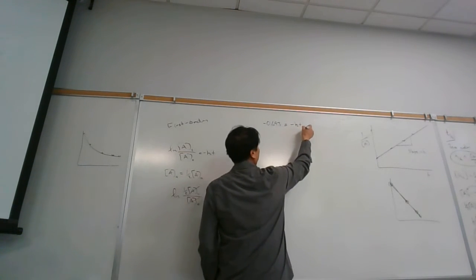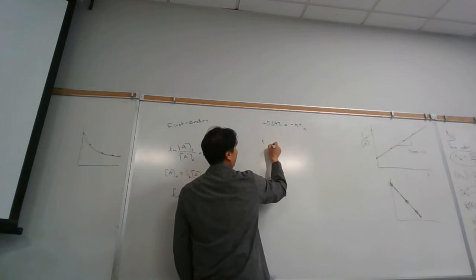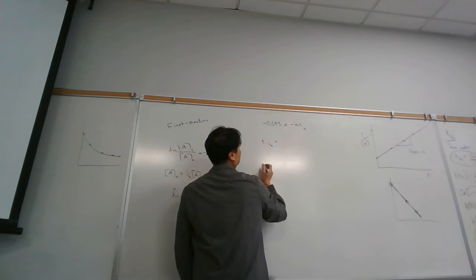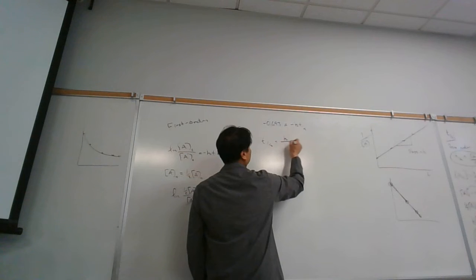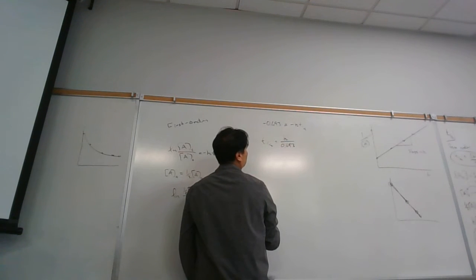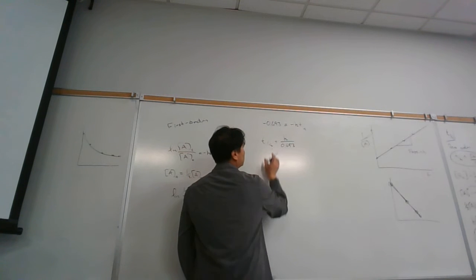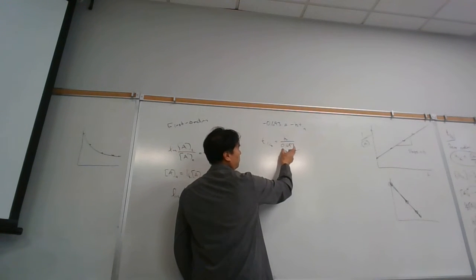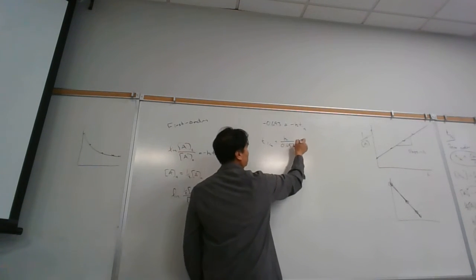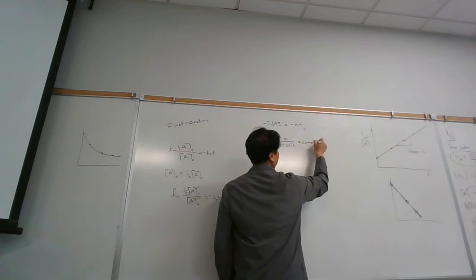And this will be t1/2. And so t1/2 is equal to 0.693 over k. And so k is a constant, and so this is a constant. It doesn't change.